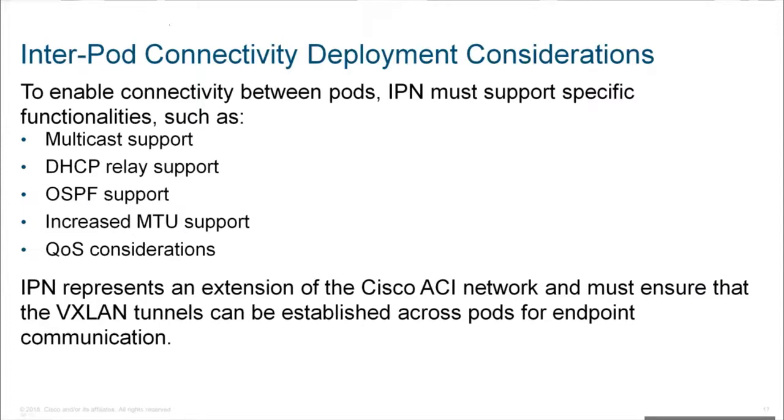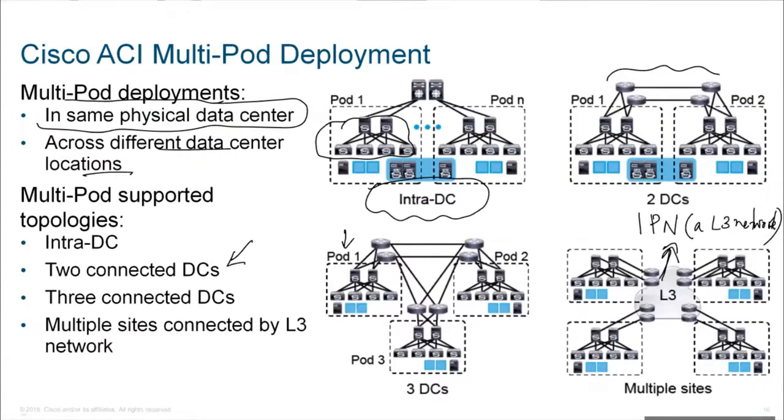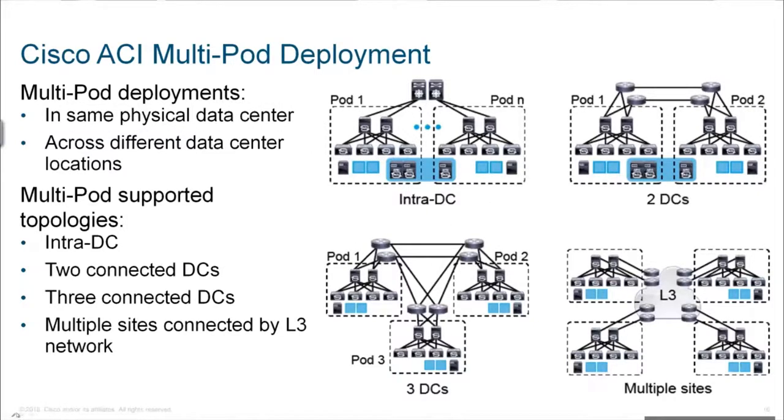Multicast support. So why do we need multicast support? I have a bridge domain in one of these data centers, which is spanning multiple devices. Let's say I have a bridge domain 1, and I do span bridge domain 1 here, bridge domain 1 here, bridge domain 1 here.